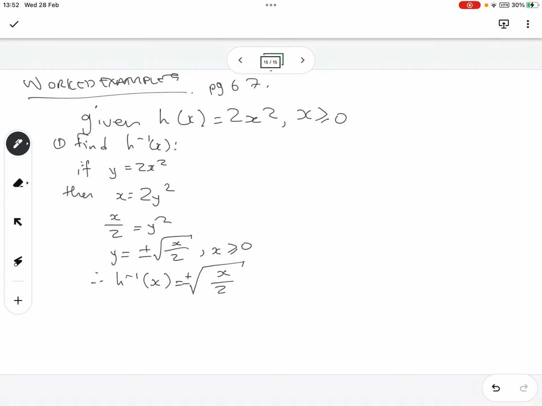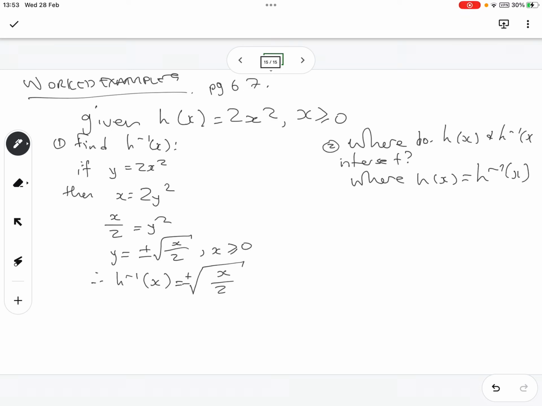Just keep that there for now. The second part is to find the point where h of x and h inverse of x intersect. So that's where h of x equals h inverse of x.